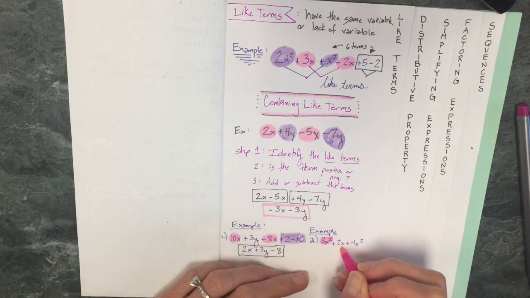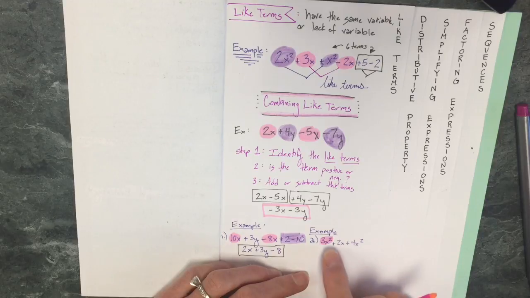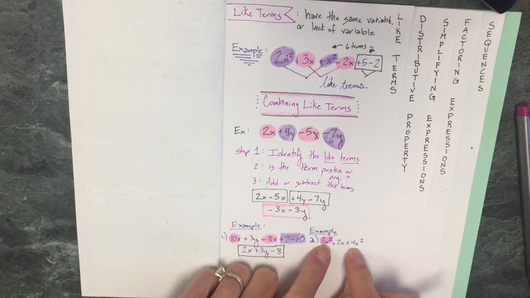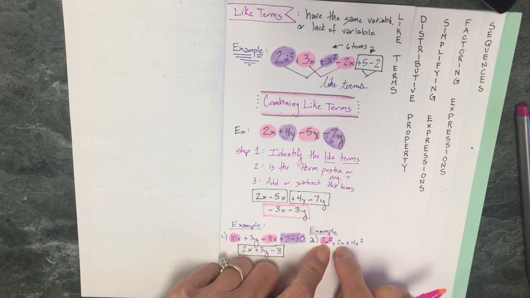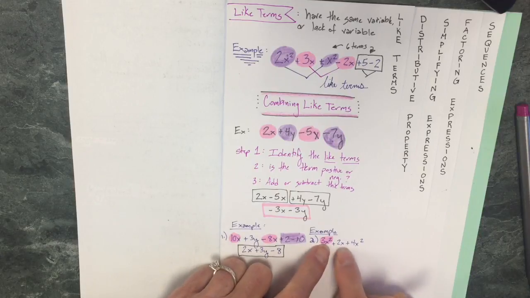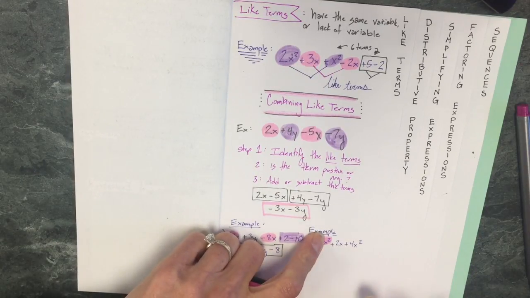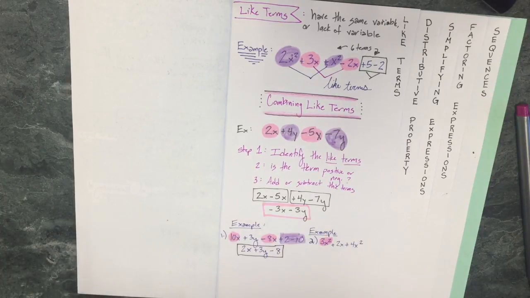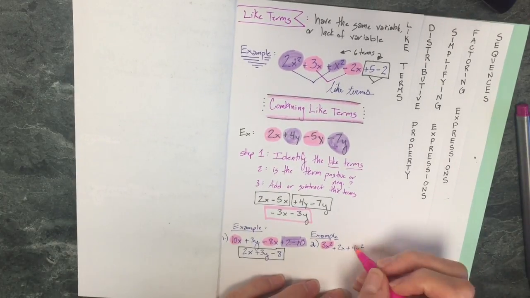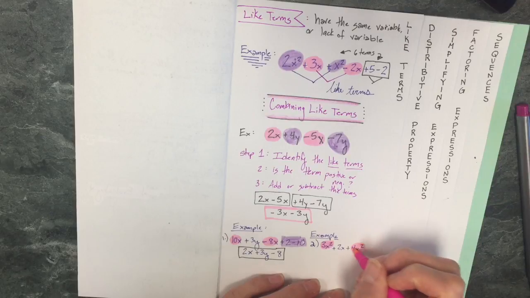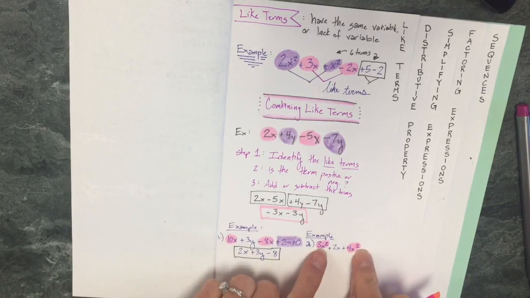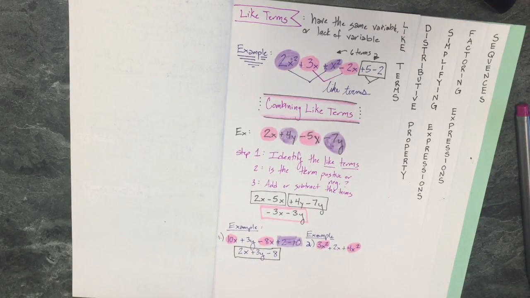And I want to circle it because it has an x, but this value, x squared, is going to be much larger than just x, and those are not like terms. We cannot put those together because x squared is going to be much bigger than just x. So I'm not going to highlight just the x, but I can highlight the 4x squared because they both have the same variable to the same exponent. Okay, and the 2x doesn't have anything to combine.